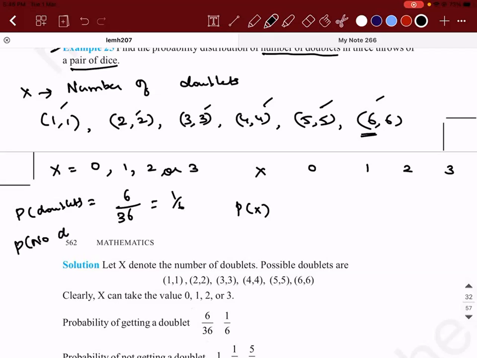Probability of no doublet is obviously 1 minus 1 by 6, which is 5 by 6. Just give me a second, my pencil stopped working.